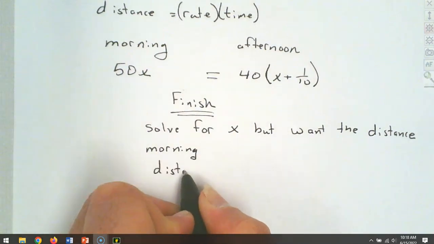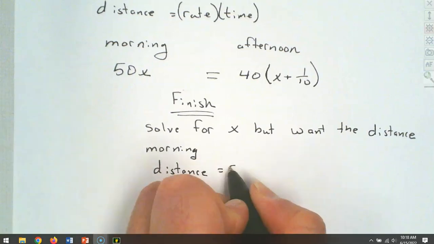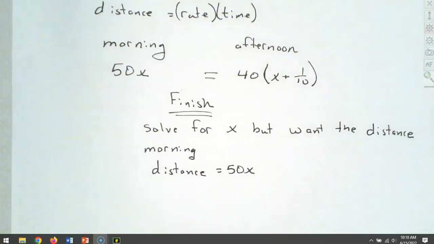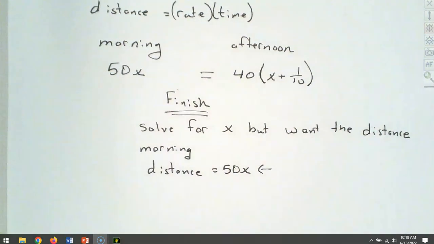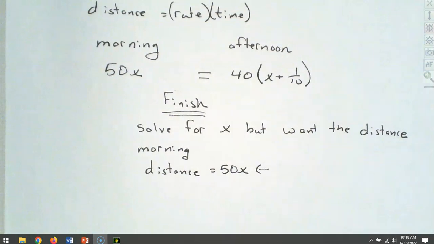Your distance is 50x. So you're going to have to then solve it for x, and whatever you find, you plug it back into here. So if your time was 2 hours, right, plug that back in, you actually traveled, or she actually traveled 100 miles. So whatever you find, you plug it back in to your distance formula, and that's going to give you how far you traveled. We want the distance, not the time. You solve, you get the time, but we want the other one.